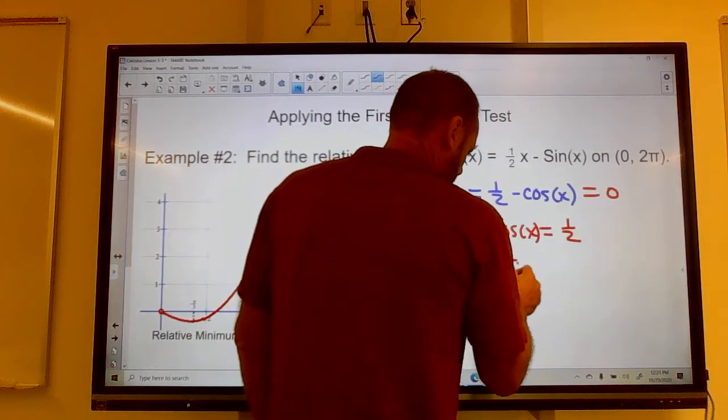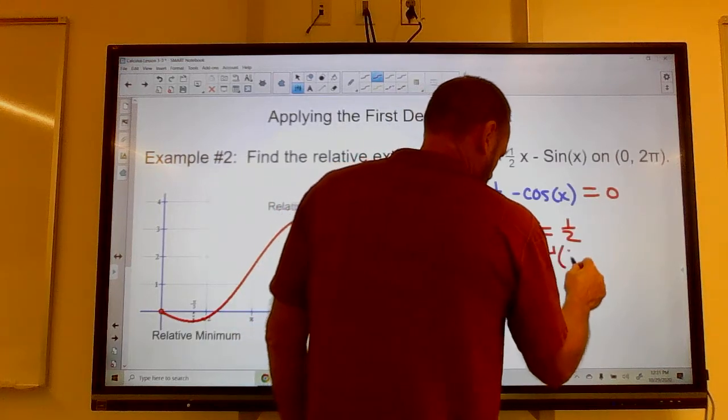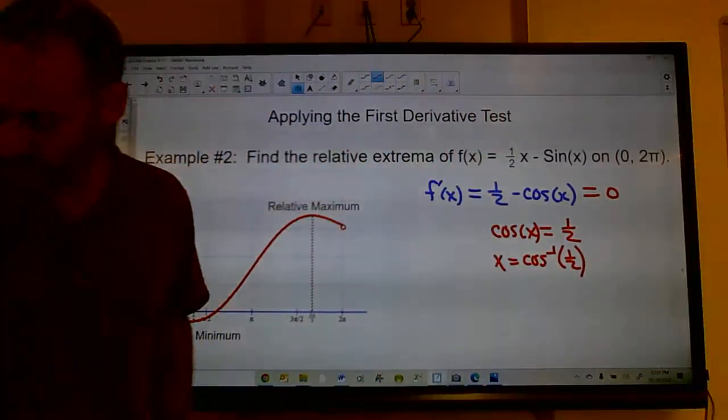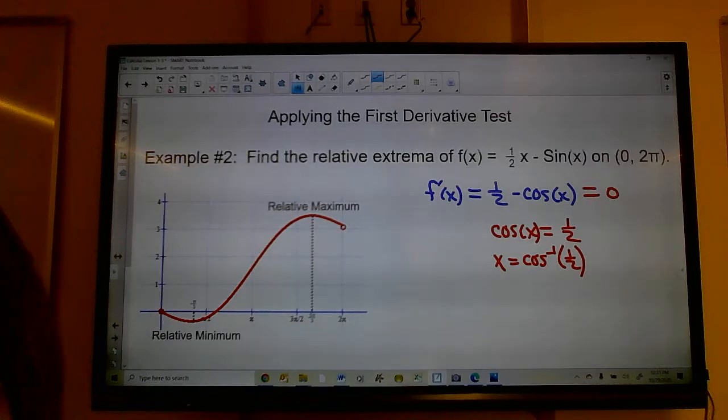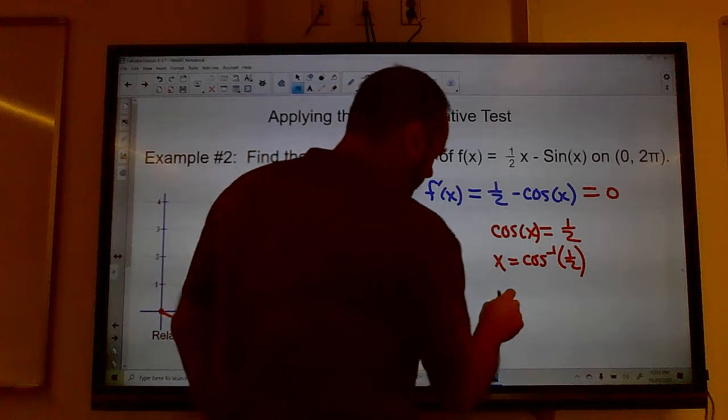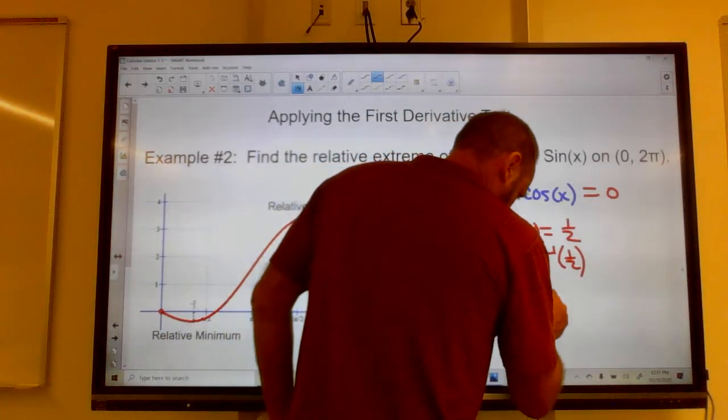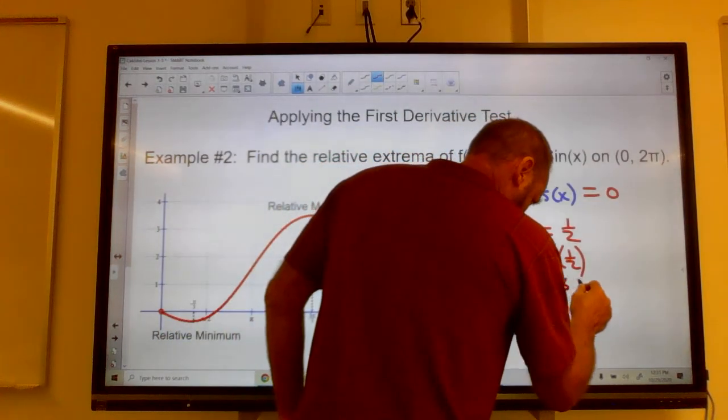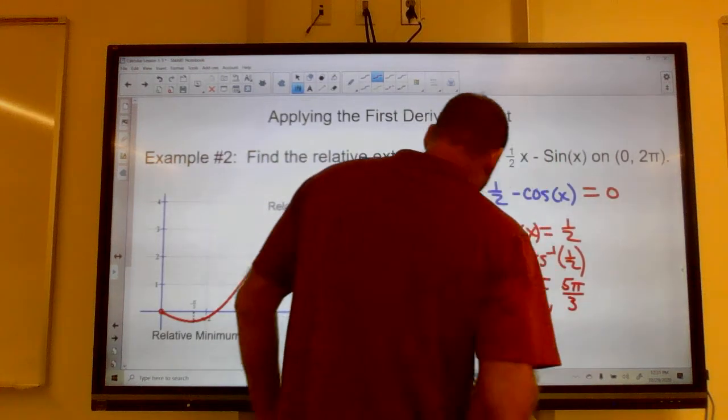And so x is the arc cosine of 1/2. And so that gives me pi over 3 and 5 pi over 3. Those are my critical points.